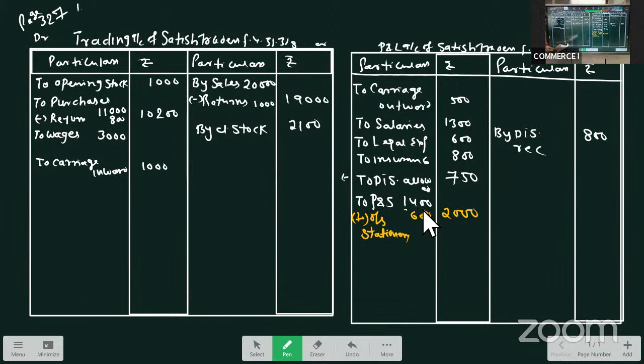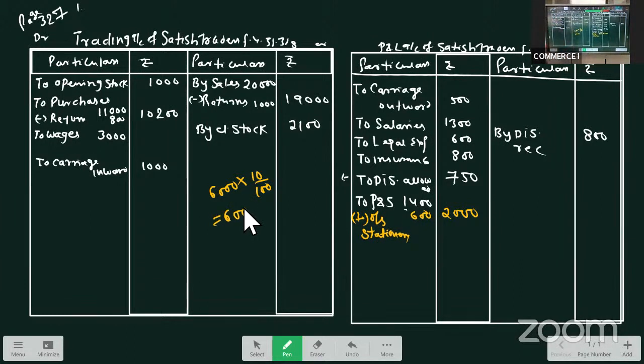Then depreciation on machinery. See, what is the value of machinery given? 6,000, right? The value of machinery is given as 6,000. On 6,000 it is asking us to provide depreciation of 10%. 6,000, 10% would be 600.